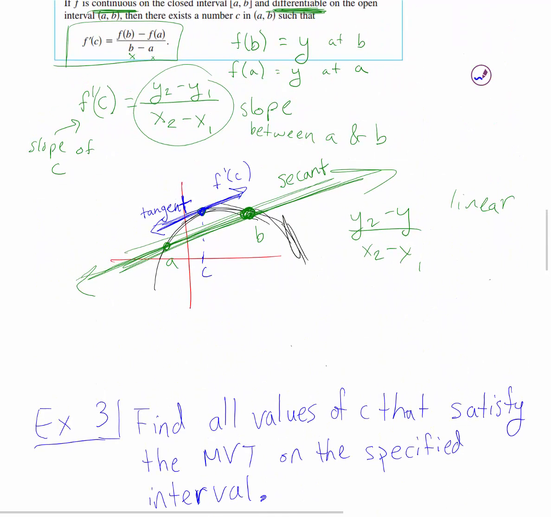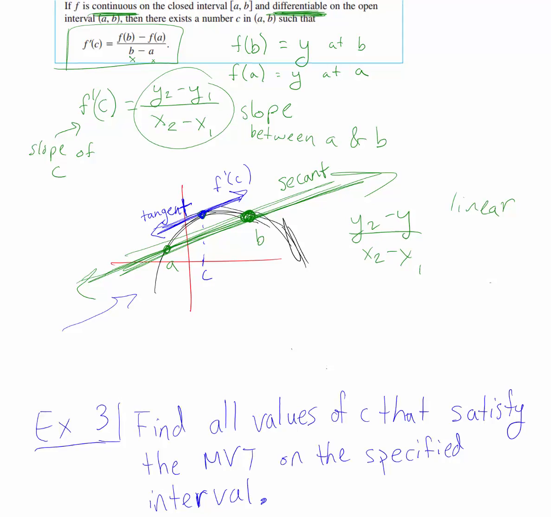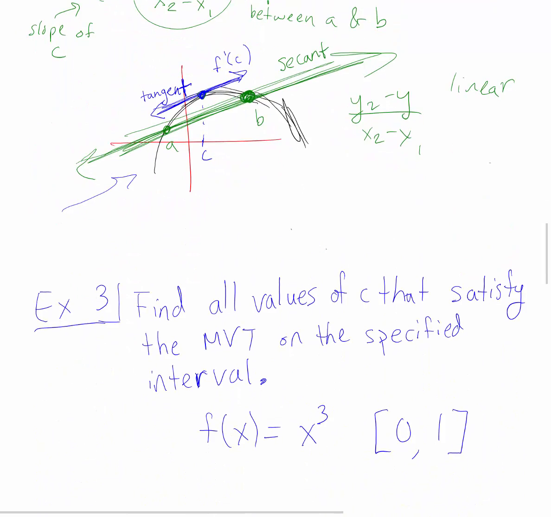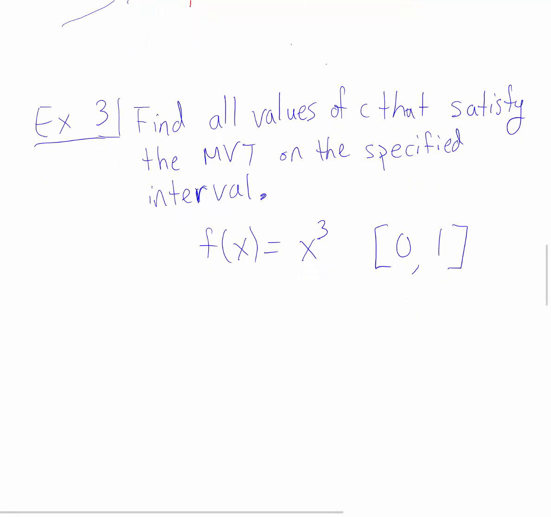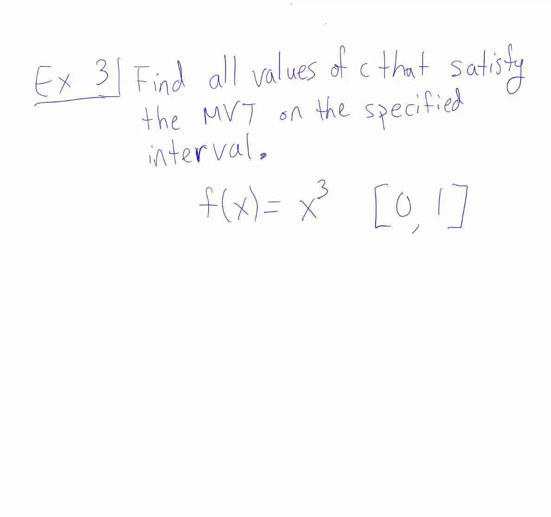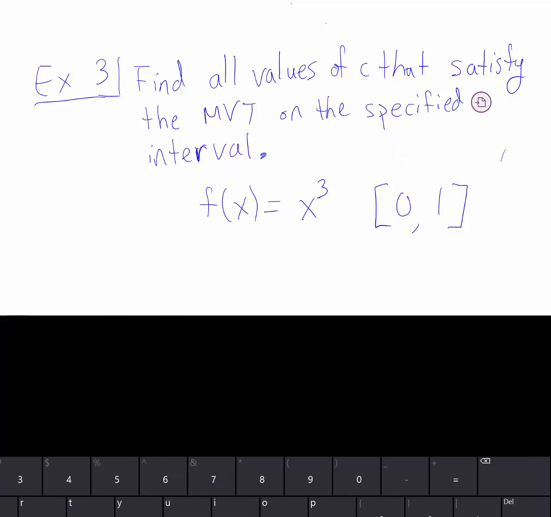You don't have to know this understanding, it's nice to know that, but what you do have to memorize is the formula. So, example, find all the values of C that satisfy, anytime you see MVT, that's mean value theorem, the mean value theorem on the specified interval, f of x equals x cubed, and the interval is 0 to 1.